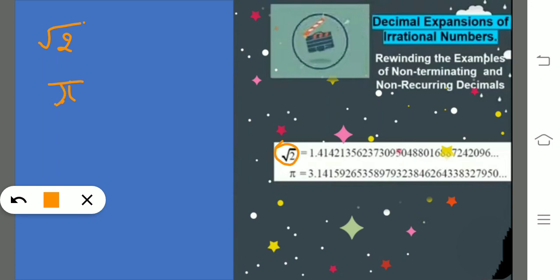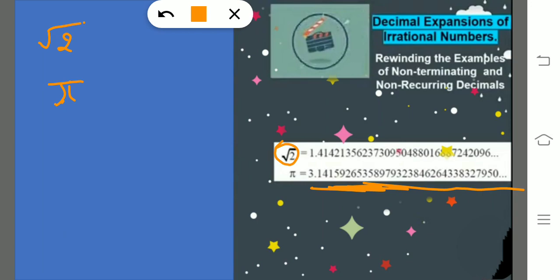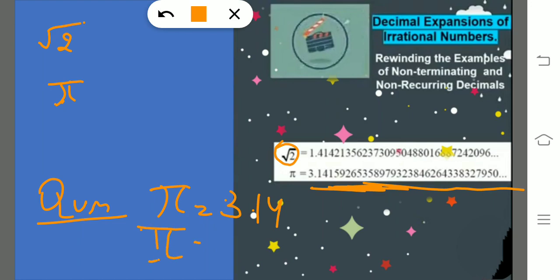If you ask why it is written as a decimal, your teacher gives questions in your exam where they write pi is equal to 3.14, or pi is equal to 22 by 7. They write it, isn't it? So that's why we write 3.14 and so on.